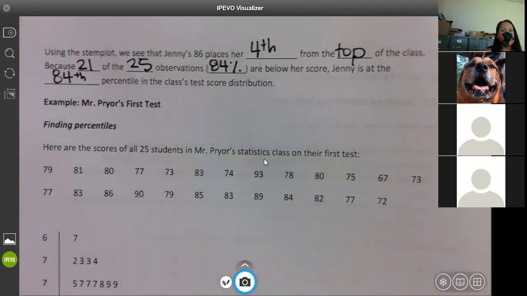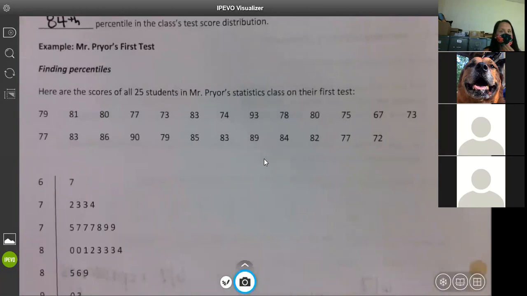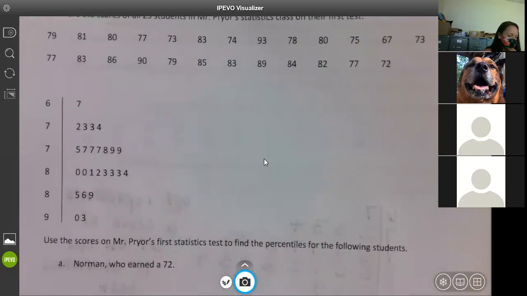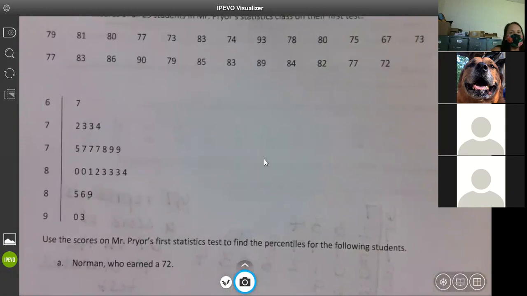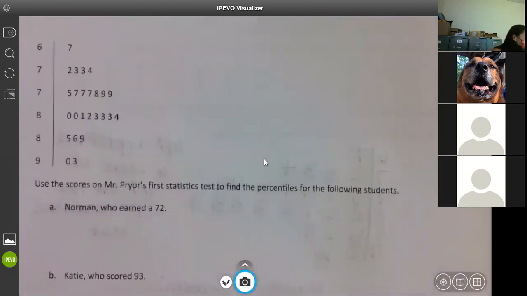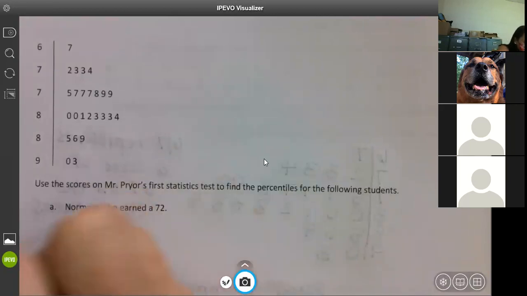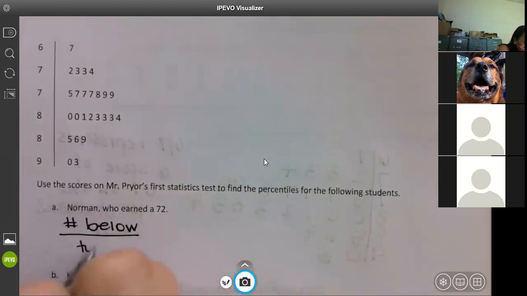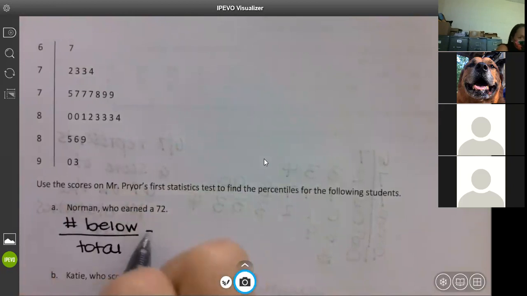All right. So finding percentiles. Here are those scores again of Mr. Pryor's statistics class. There is that stem plot. Use the scores on Mr. Pryor's first statistics test to find the percentiles of the following students. So we're going to talk about Norman, who earned a 72. What you want to do is take how many below, over the total number of test takers.